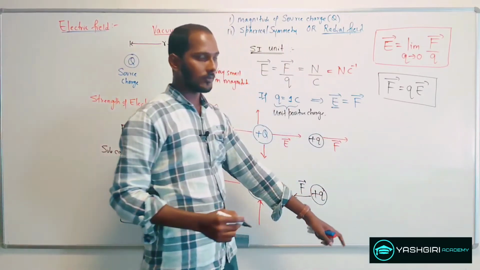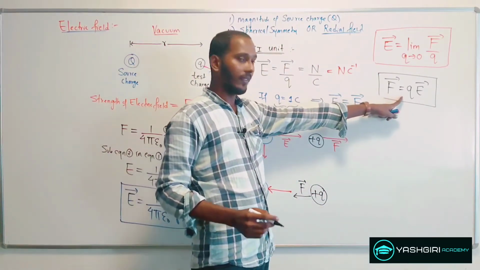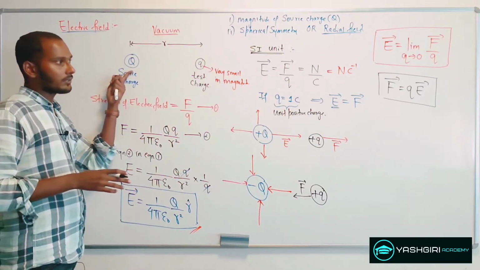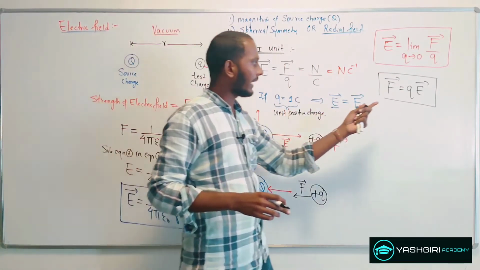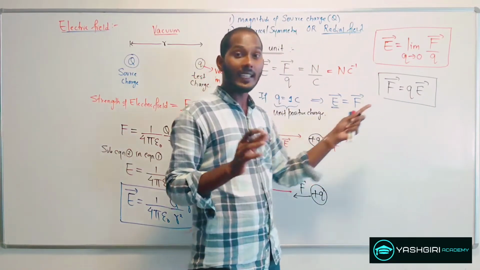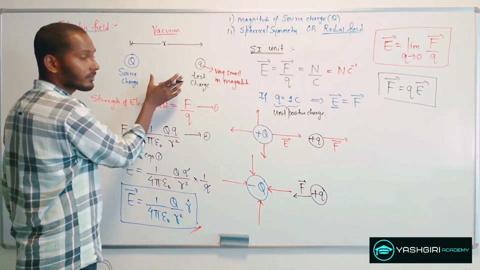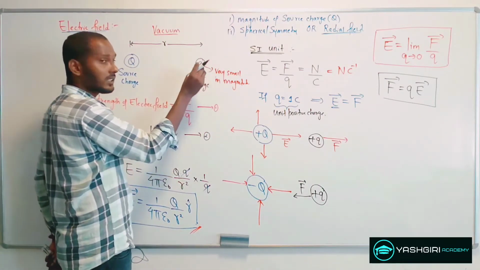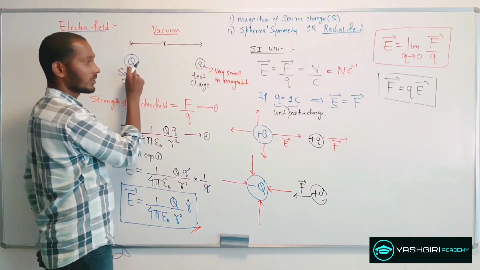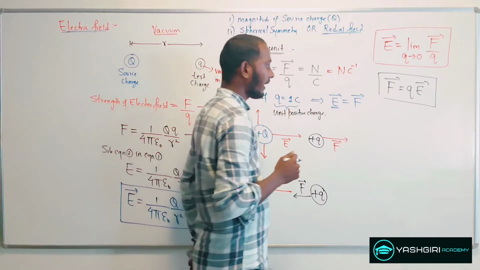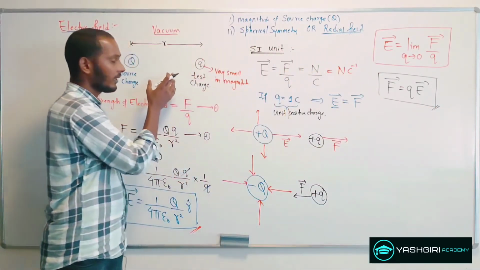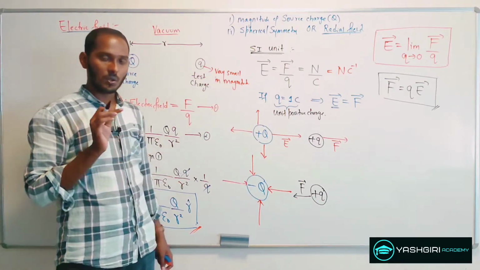Now from this equation, what I can say is that even if I don't know the magnitude of the source charge, but if I know the electric field from that source charge, then I can easily calculate the force that any charge will experience when you place it in the field of this source charge. So that's the other way of getting a force on any other charge when it's placed in the space surrounding the source charge.